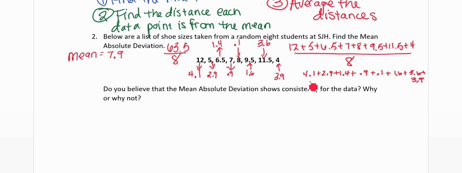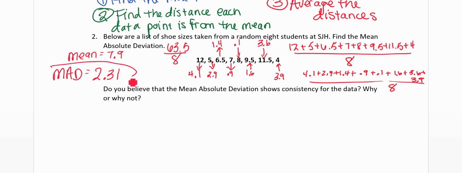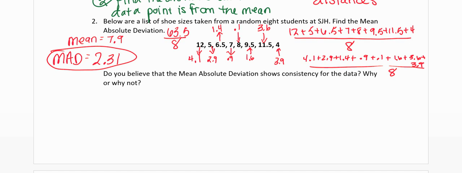And we want to add all these together and divide all of these by how many there are to find the average distance. Okay, so when I add them all up, I get 18.5. And when I divide by 8, my mean absolute deviation ends up being 2.31 approximately. And yours might be a little different than mine, but that's okay.